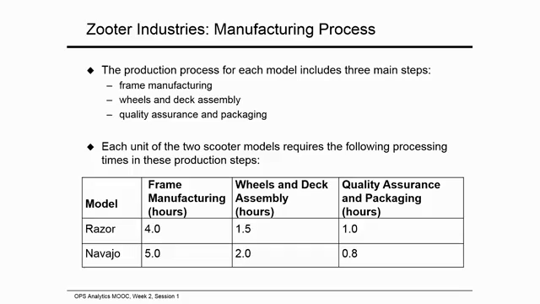And the corresponding numbers for a Navajo scooter are 5, 2, and 0.8 hours. So as you can see, Navajos are more profitable, take less time to do QA and packaging, but use quite a bit more of frame manufacturing and wheels and deck assembly hours.